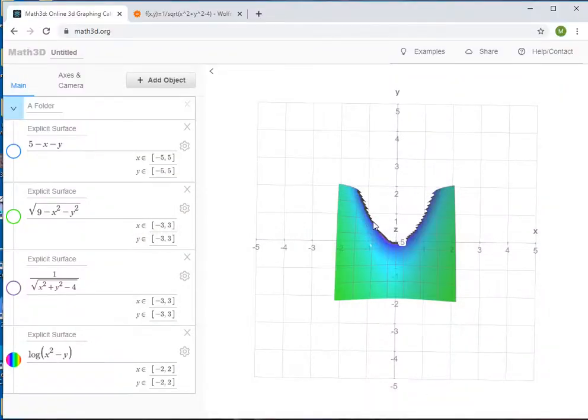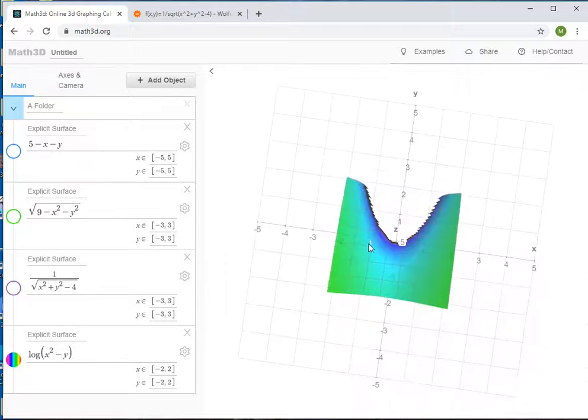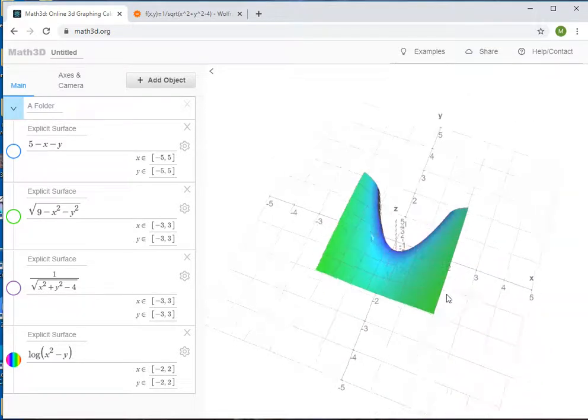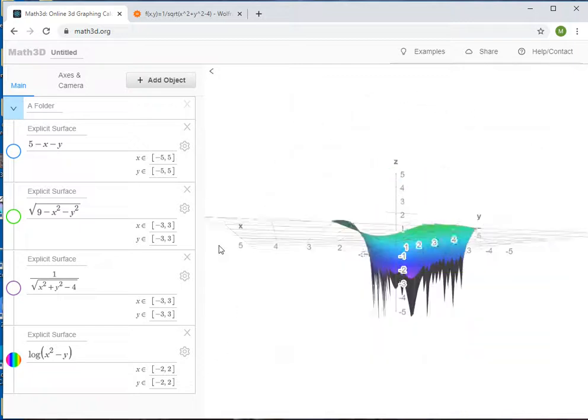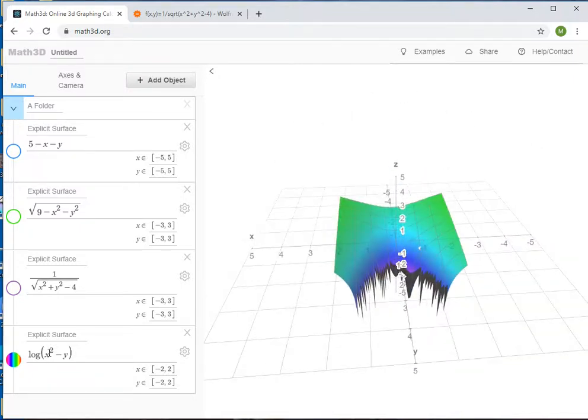And you can see there's that parabolic cutout there, and we're seeing surface right above that region that falls below the parabola. Now, as far as the behavior near the boundary, when you work with log, and notice, by the way, this math3d.org likes log for natural log. So if you type in ln, it won't know what that is.